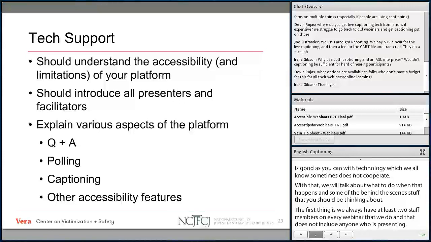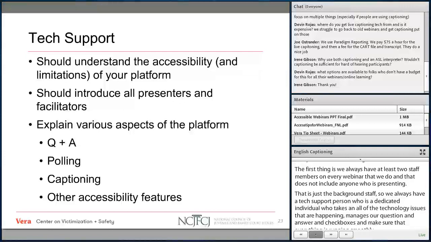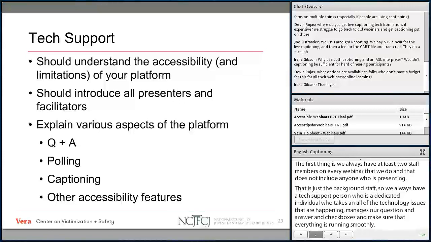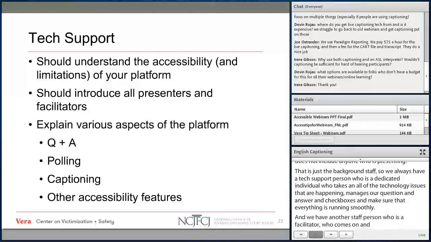And then we have another staff person who is the facilitator, who comes on and introduces the accessibility of the platform, the different features of accessibility, introduces all of the presenters, and provides some context for folks.